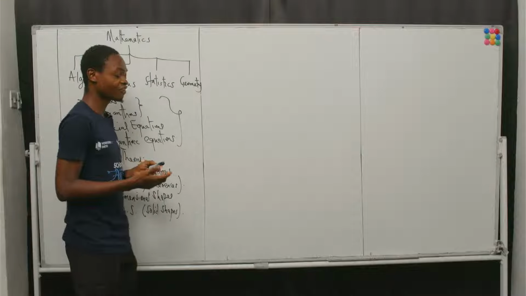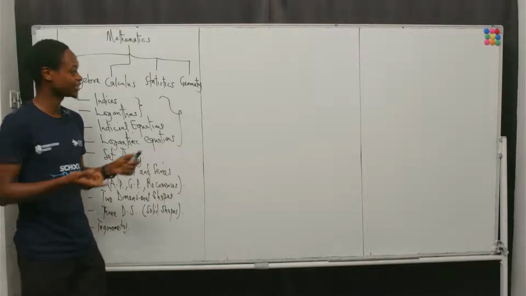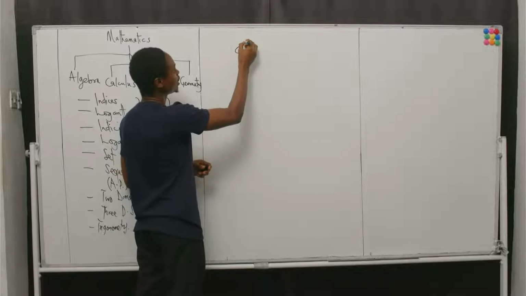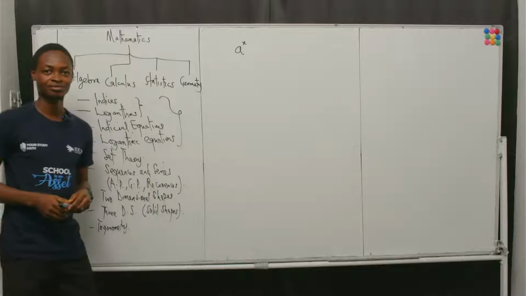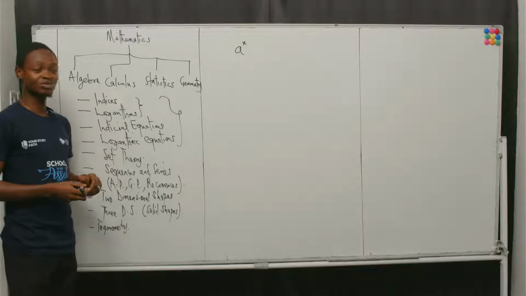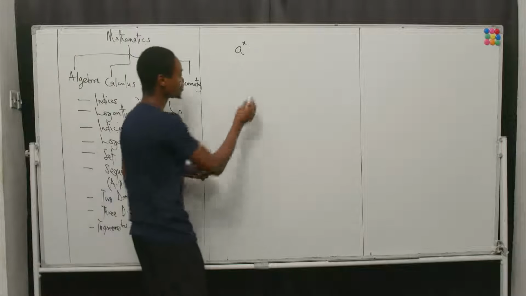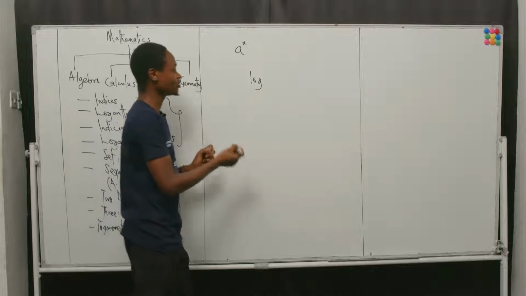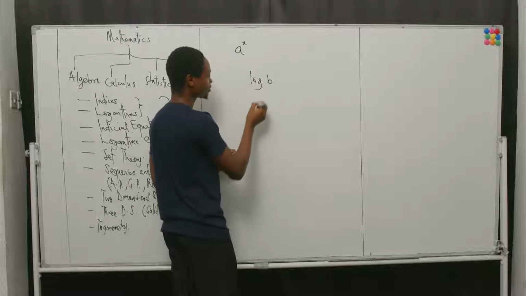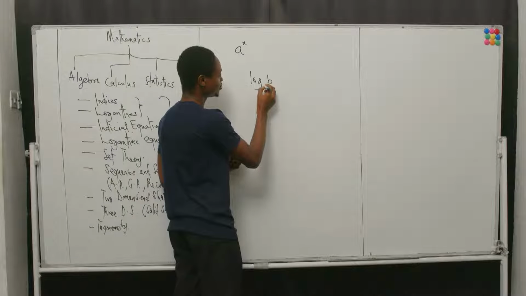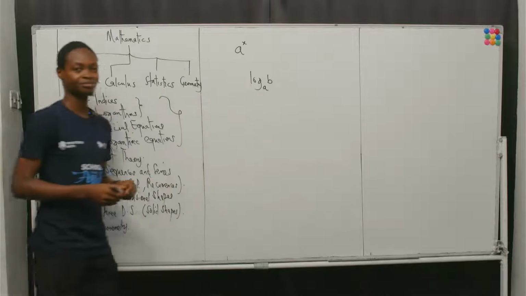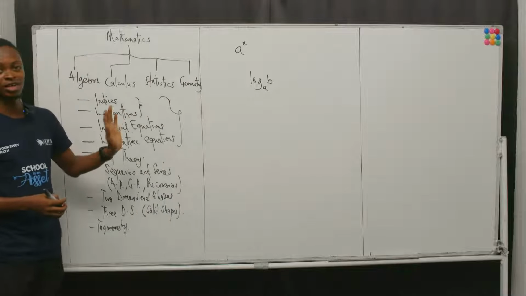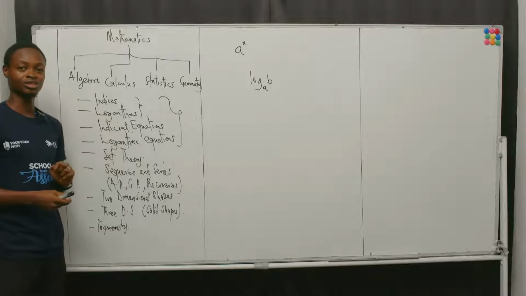First off, we will define indices simply as expressions that have a base and a power. In the case of logarithms, we will define it as expressions where a log is written, and attached to this log, there is a number and a base. These are the 2 general representations that we have: indices, logarithms.